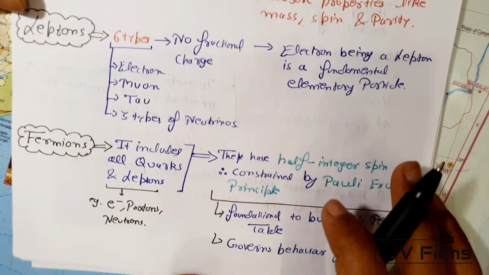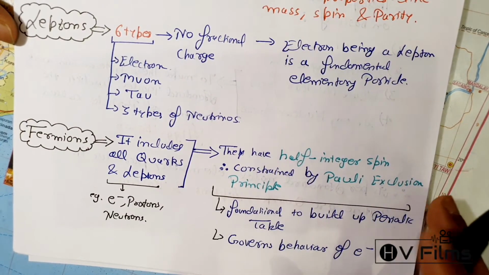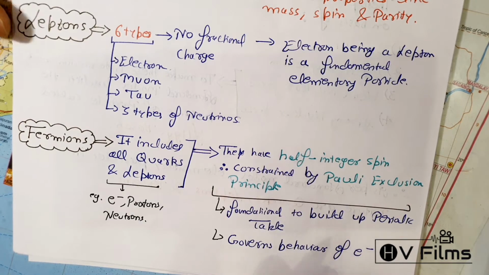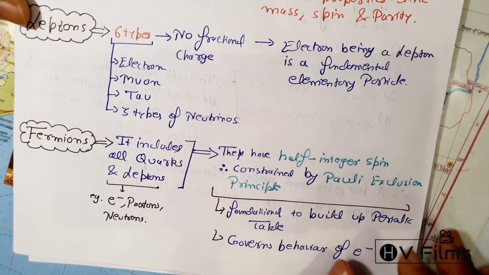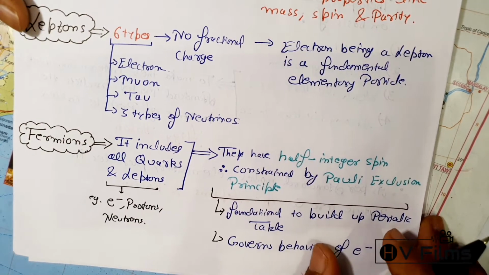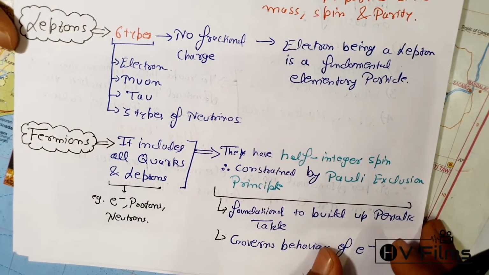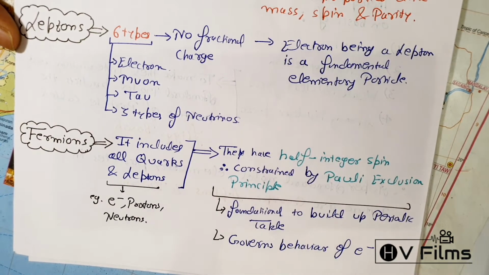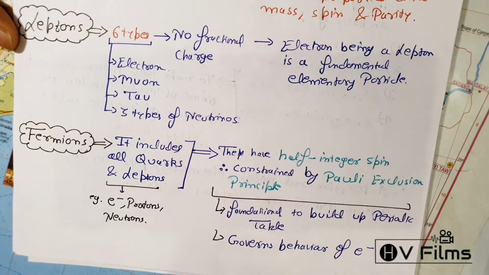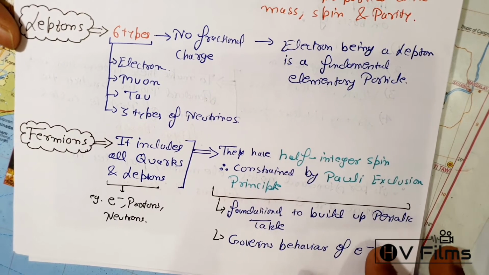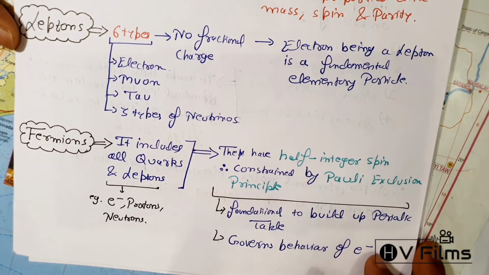The next one is fermions. Fermions include all quarks and leptons, for example electrons, protons, and neutrons. They have a very special property: they show half integer spin. And they are constrained by the Pauli exclusion principle.